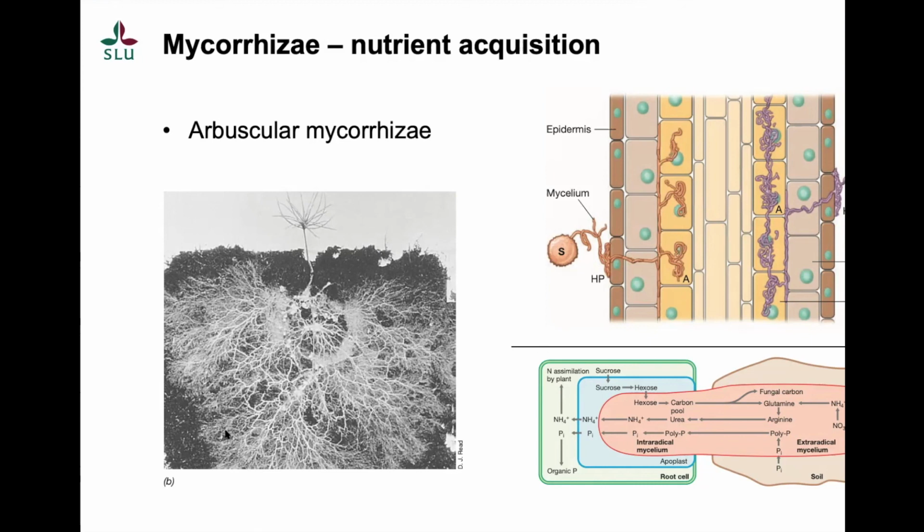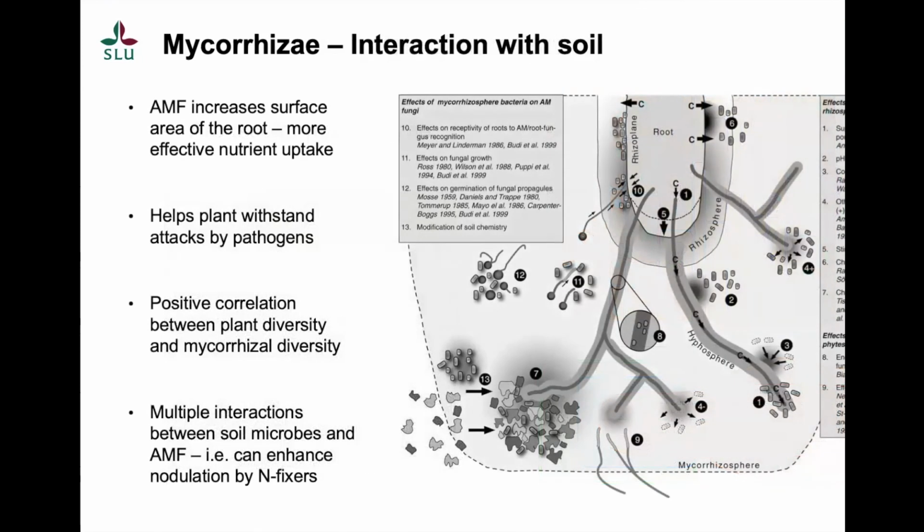So it allows the plant, when conditions are stressful, to go further out to get water and nutrients, while at the same time the plant is providing carbon and other nutrients for the fungus to survive. So you get this symbiotic relationship. This is particularly important in forest ecosystems, but it's equally important in any agricultural arable crop system.